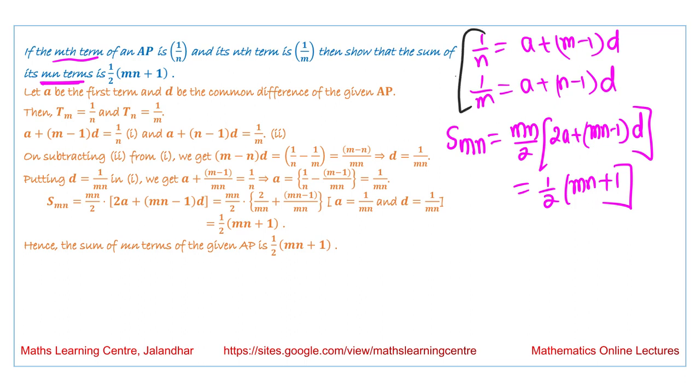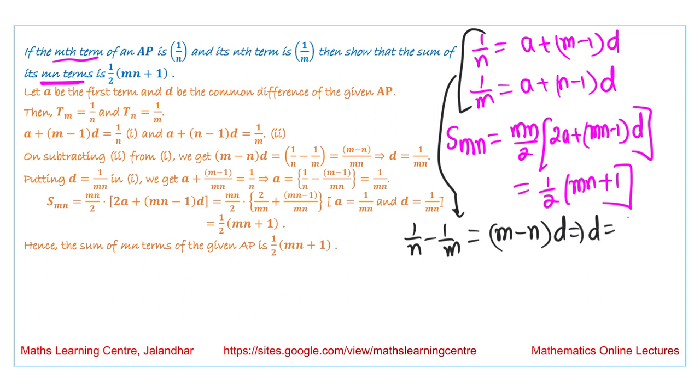So if we subtract these two equations, we obtain 1 by n minus 1 by m equal to m minus n into d. This implies that the value of d is 1 by mn.